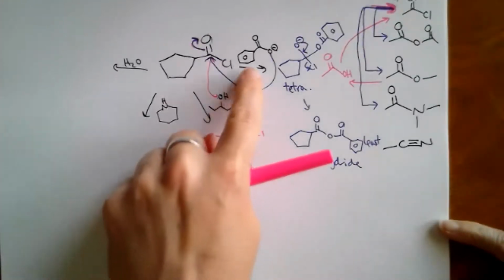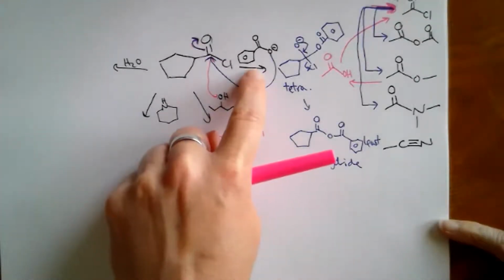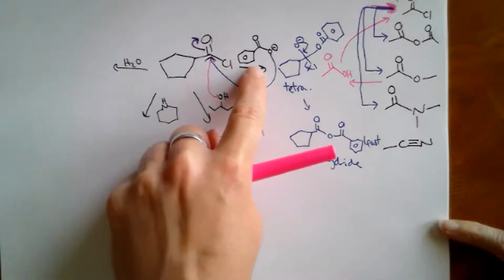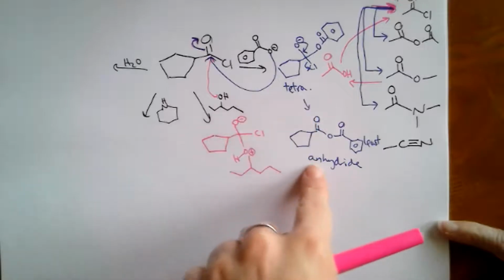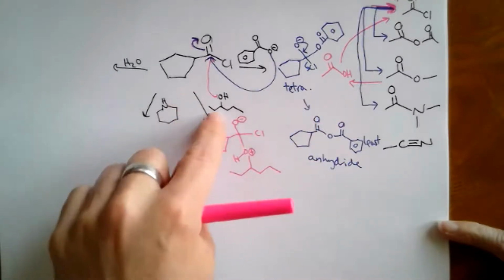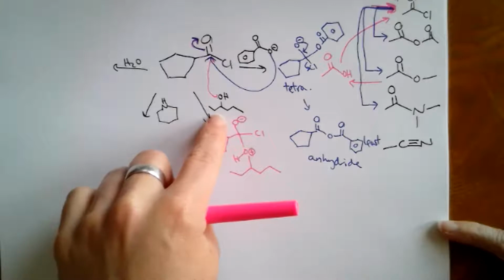What's different here and here, this is an anionic nucleophile. So I attacked, got to my tetrahedral intermediate, immediately ready to fold down and kick out my leaving group. This time I have a neutral nucleophile.